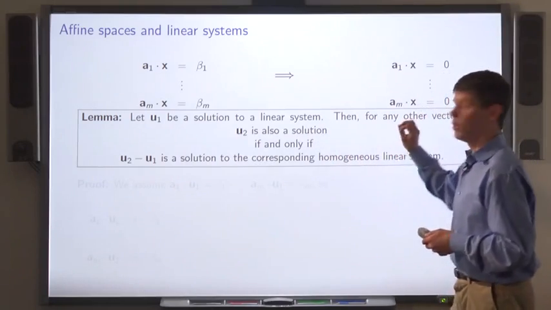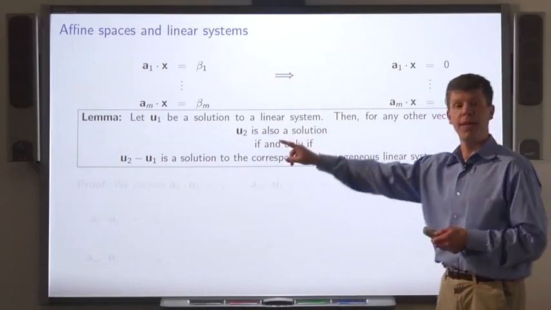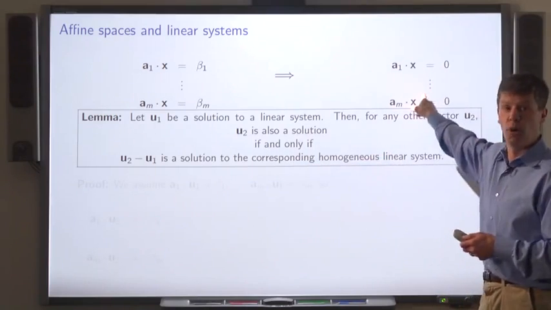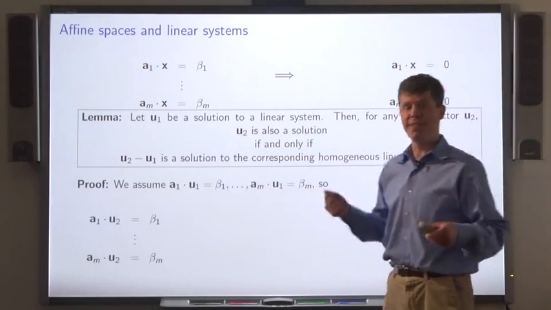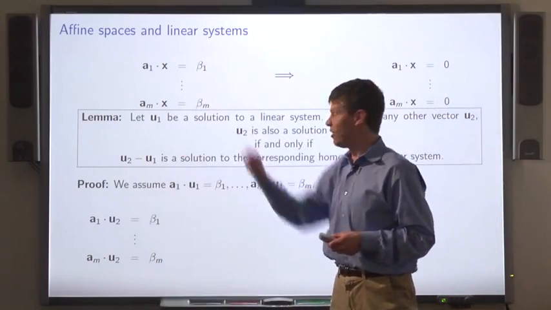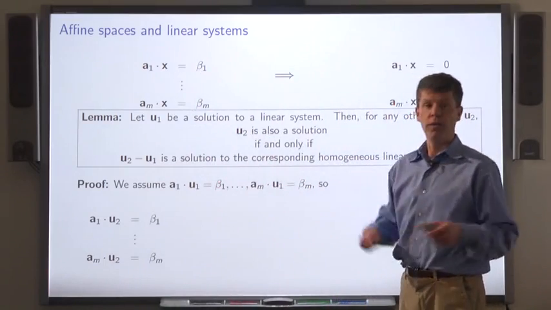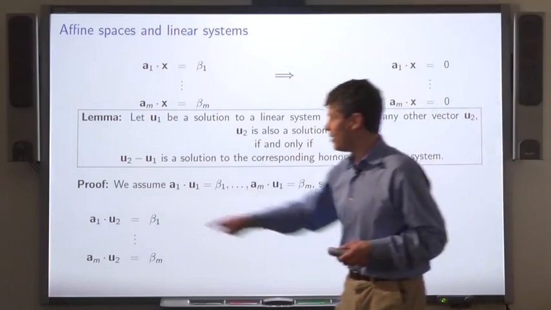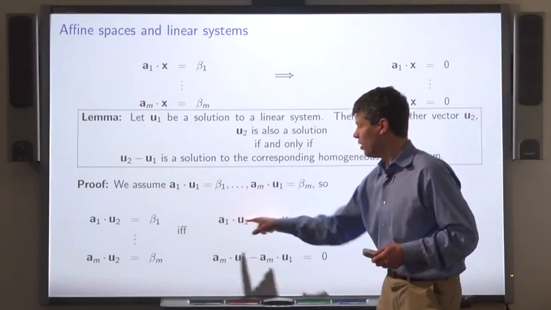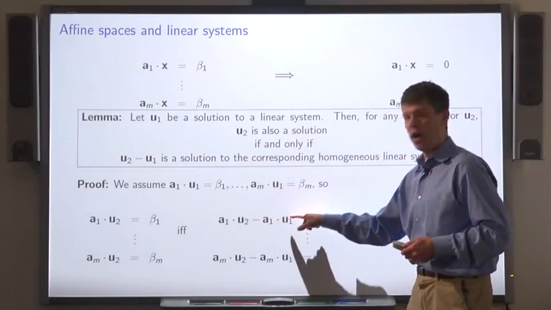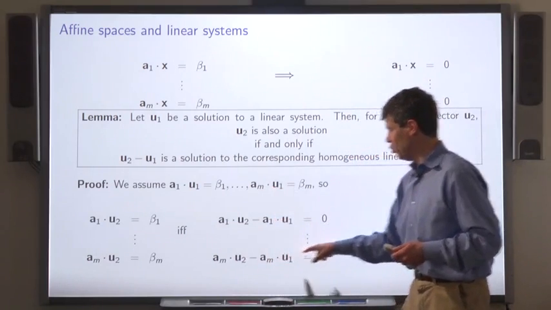Let u1 be a solution to a linear system, and for any other vector, u2, u2 is also a solution if and only if u2 minus u1 is a solution to the corresponding homogeneous linear system. So we start with u1. u1 is a solution, which means that it satisfies all these equations. That is, a1 dot u1 equals beta 1, and so on. Now, u2 satisfies the same equations if and only if the difference between a1 dot u2 and a1 dot u1 is 0, and so on, up to am dot u2 minus am dot u1 is 0.